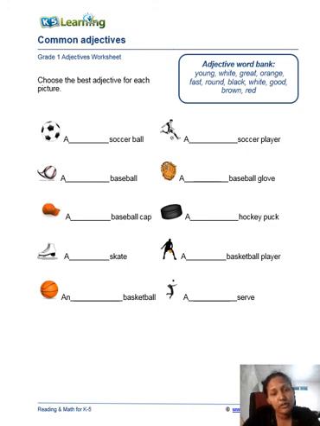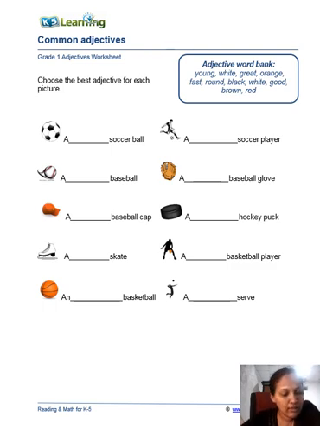When you play ice hockey, there's a little disc made out of hard rubber. So this is called a hockey puck. Here it is round in shape and black in color. So you can use any describing word: a black hockey puck or a round hockey puck.